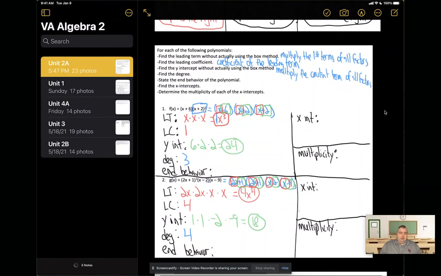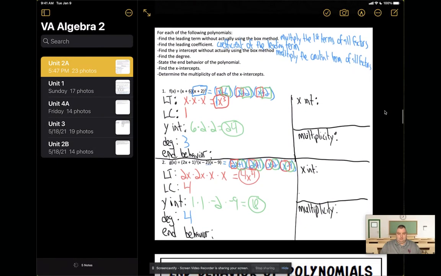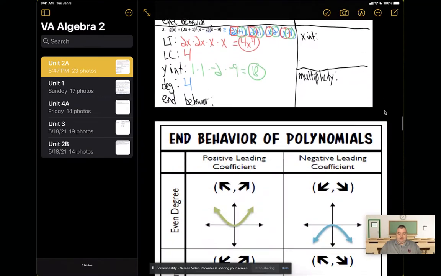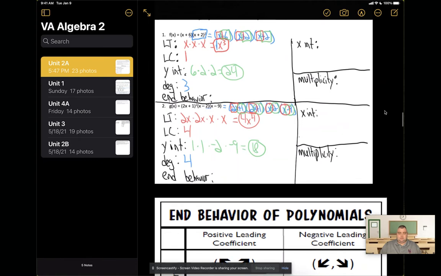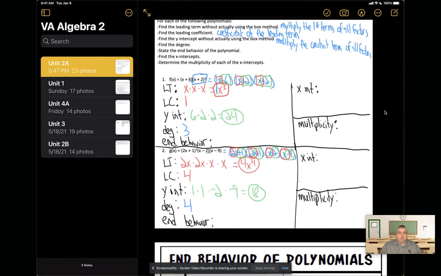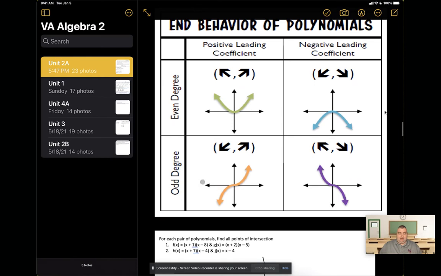So for number 1, the degree was 3. So that is an odd degree. And the leading coefficient was 1, which is positive. So I have an odd degree and a positive leading coefficient. If I put all that together, that's going to be down here.